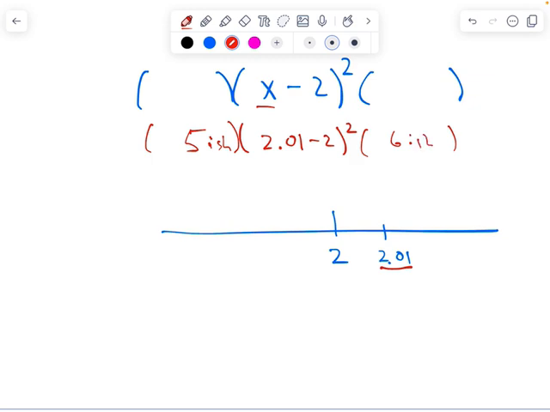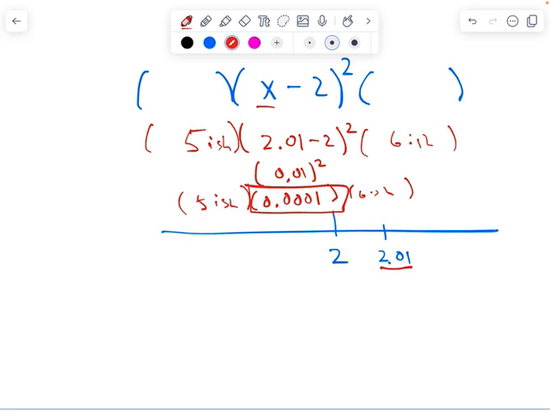The one that's really interesting, though, is this one in the middle, because 2.01 minus 2, that's the same thing as 0.01. Now, when we square it, that's going to end up being 0.0001. Now, again, this number here is something tame, like 5-ish, and this one is 6-ish. So compared to those other numbers, the one that really matters is this one.